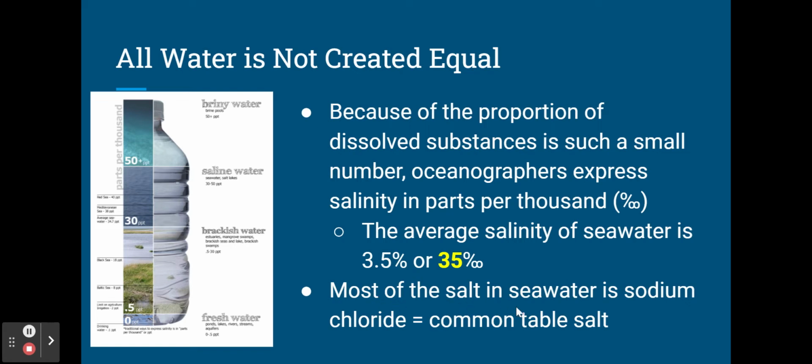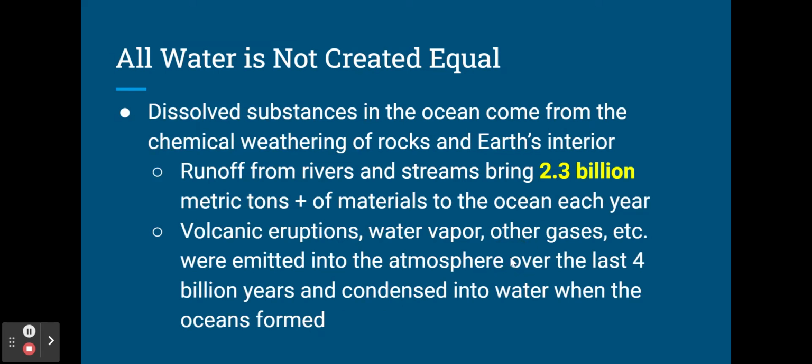Most of the salt in seawater is sodium chloride, aka common table salt. This is the kind of salt that you have on your dinner table. Dissolved substances in the ocean come from the chemical weathering of rocks and Earth's interior. Basically, when rain hits rocks, or you have any other kind of erosion, salts and all kinds of metals end up in the ocean.